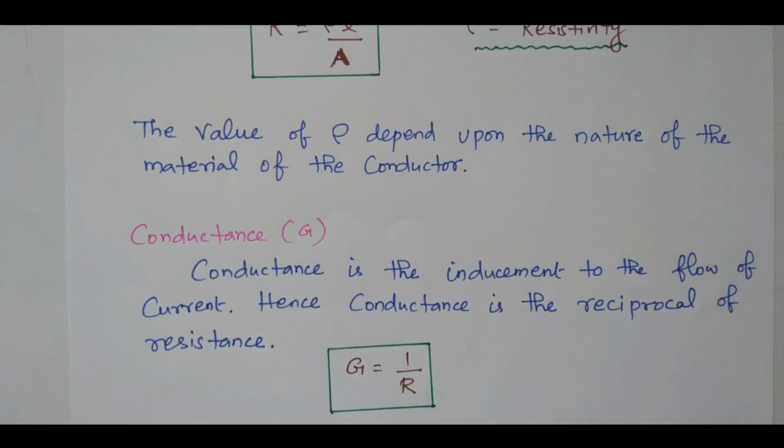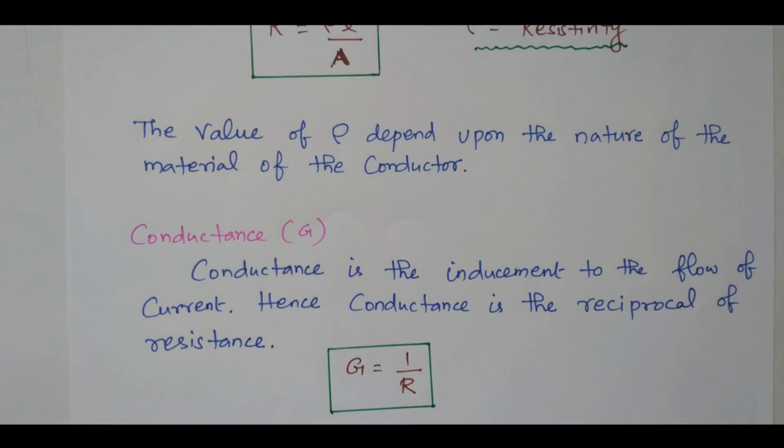Both are reciprocal, so G equals 1 by R. Now we have discussed resistance in terms of resistivity and conductance.